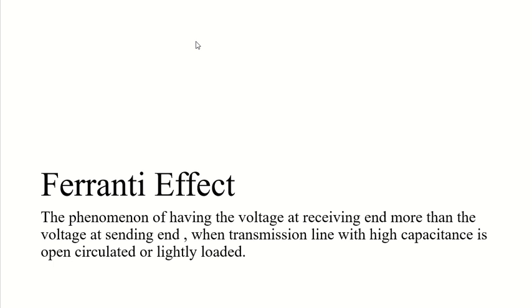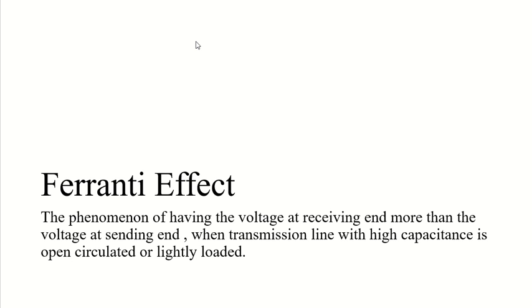And why does it happen? It happens because of the high capacitance of the transmission line, in a system which was previously operating at very high load and is now operating at very light load.